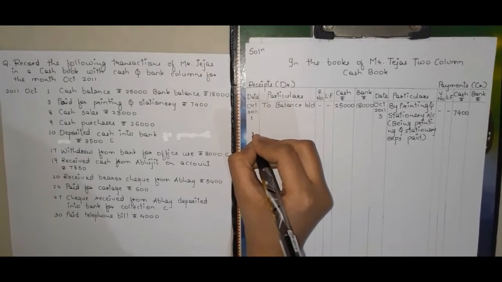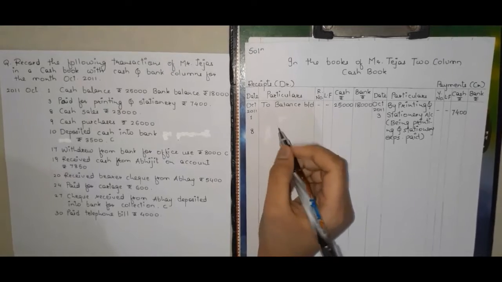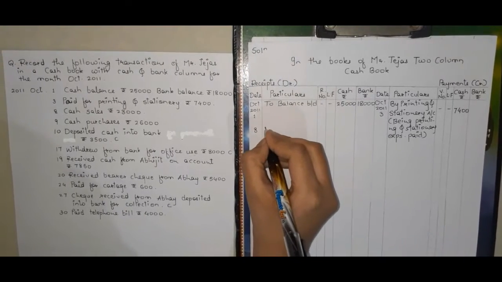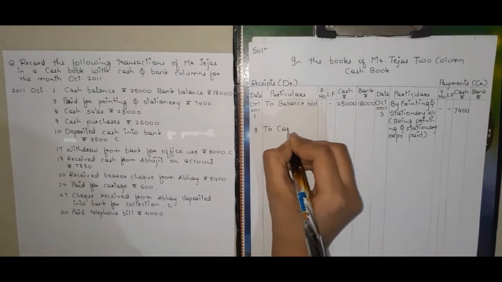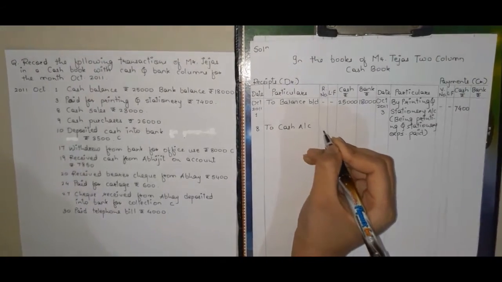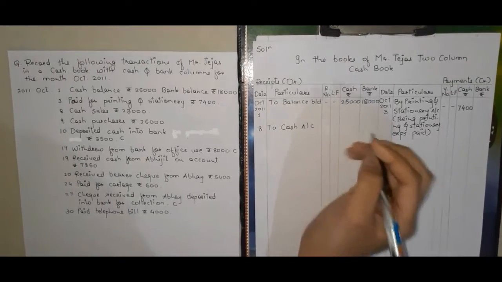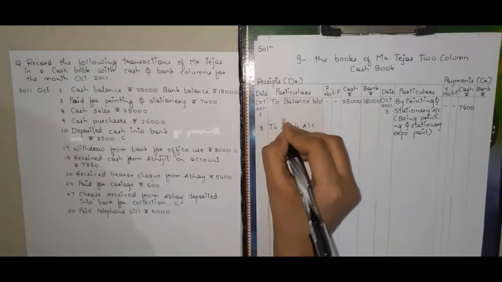On what date is it? It is on 8th October. Okay, to cash account. Since we have received that amount in cash, so cash account, sorry, not a cash account, it is a sales account.